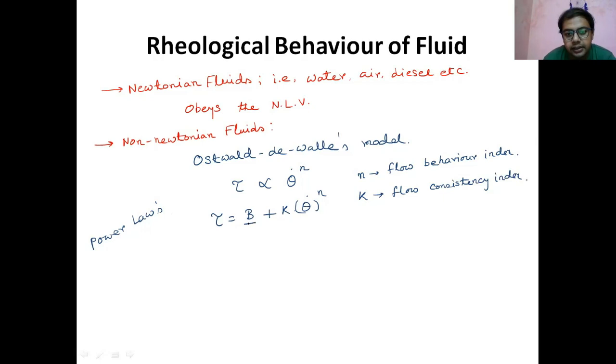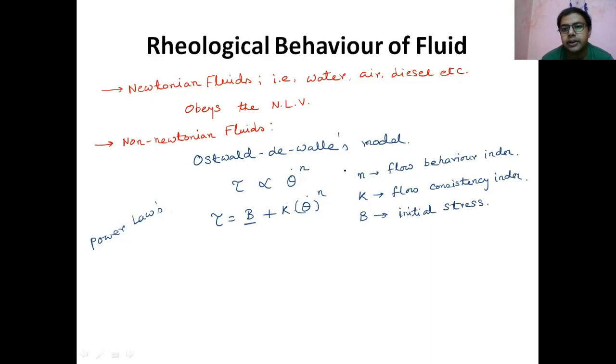And what about B? B accounts for the initial stress. That means if some initial stress is required to create the flow, as with some gel or paste, we give some initial force, and only then does it flow. So that is the initial shear stress. This is the Ostwald-de Waele model.